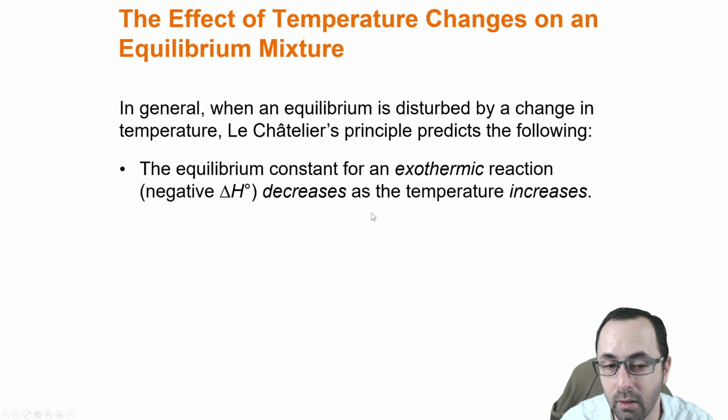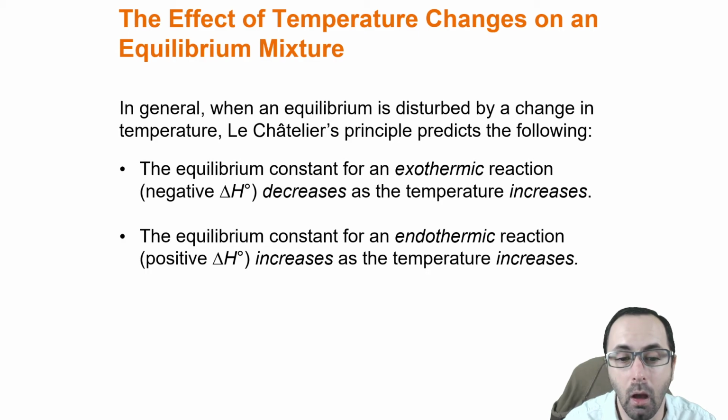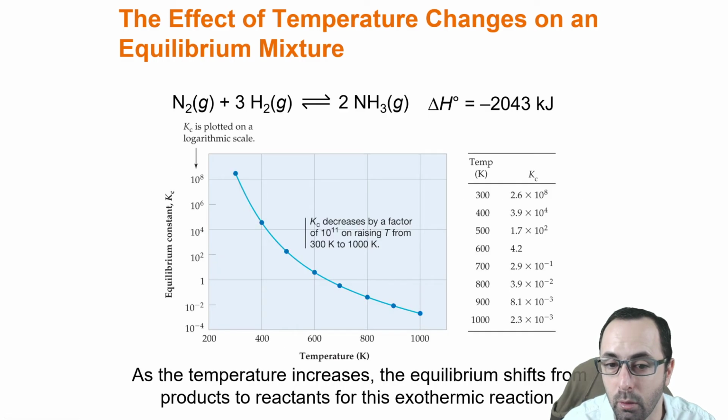So that's the effect of the temperature on the equilibrium constant, and I'll show you why. So that means the reaction is going to go more to the left here. In an endothermic reaction, with a positive delta H, K increases as temperature increases.